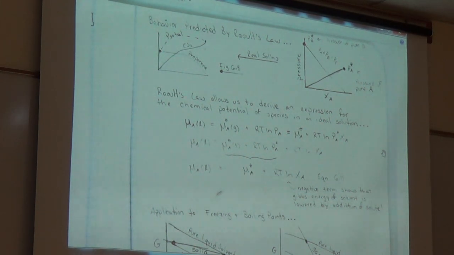And the Henry's law constant ends up being just whatever, it'll have units of pressure, same as this had units of pressure. But it just ends up being whatever magnitude you need it to be in order to fit the experimental data for the pressure of that minority component in solution.